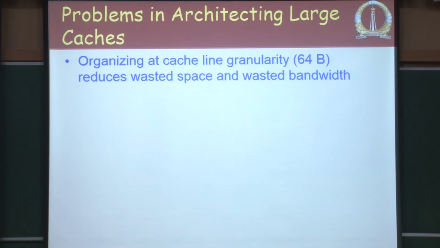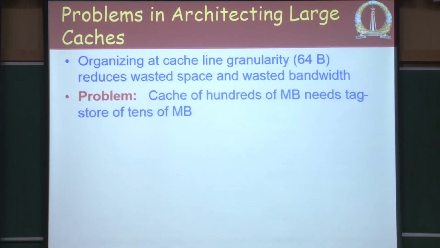As I said earlier, my DRAM cache is going to be bigger, and because it is bigger, if I talk about cache line sizes at the granularity of 64 bytes, how big is going to be my metadata? That is the first question you want to ask. Even for a DRAM cache of size a few hundred megabytes, they would require metadata in the order of a few tens of megabytes.